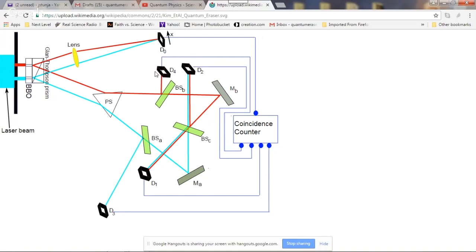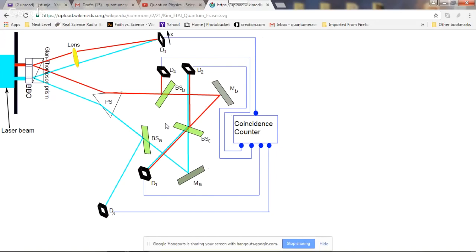There's never any interference patterns with D4 and D3, or vice versa. There's never any no-interference patterns with D1 and D2. That means this is space. You can see the space here between these detectors, and time independent. Space and time are totally irrelevant in quantum mechanics.